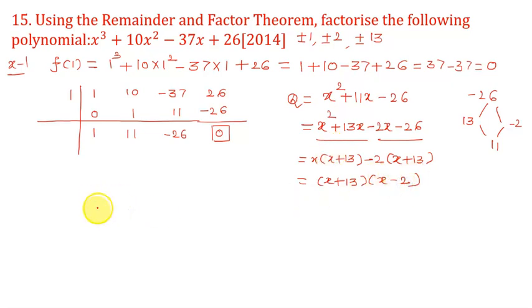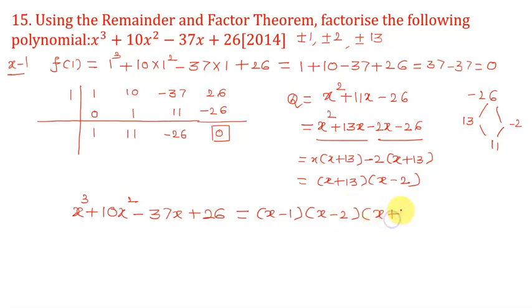Hence the factors of the given polynomial x cube plus 10x square minus 37x plus 26 are: first factor x minus 1, second x minus 2, and third x plus 13, in this way.